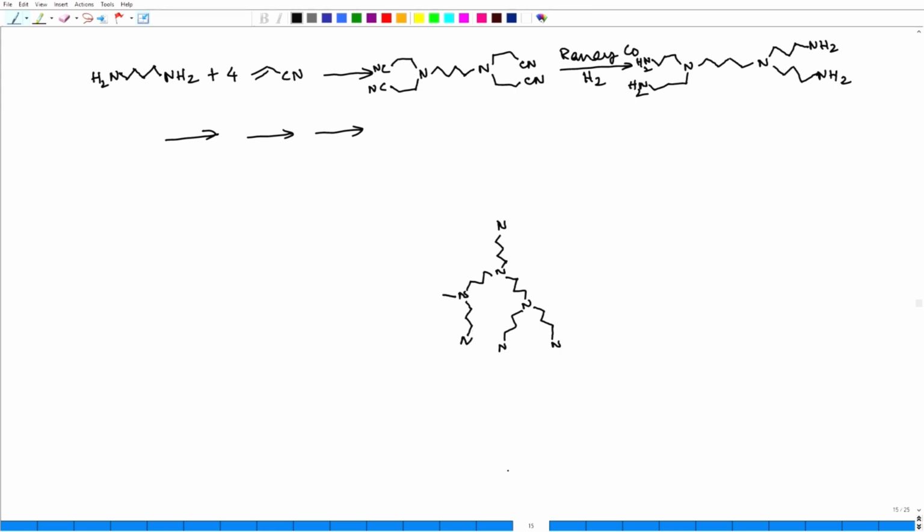Then you will have 1, 2, 3 nitrogen. Okay. Then what will I have? I will have 1, 2, 3 nitrogen.